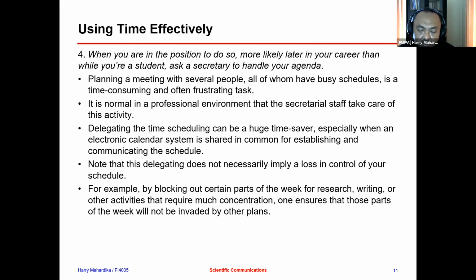Delegating the time schedule can be a huge time saver, especially when an electronic calendar system is shared in common for establishing and communicating the schedule. Note that this delegating does not necessarily imply a loss in control of your schedule. For example, by blocking out certain parts of the week for research, writing, or other activities that require much concentration, one ensures that those parts of the week will not be invaded by other plans.